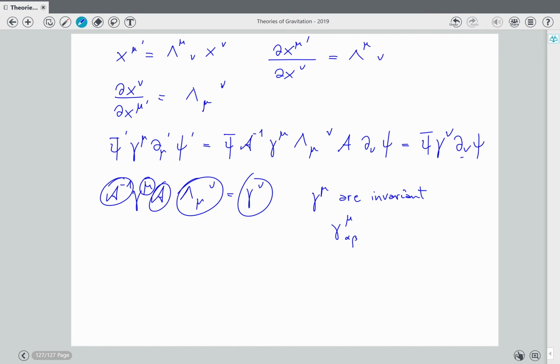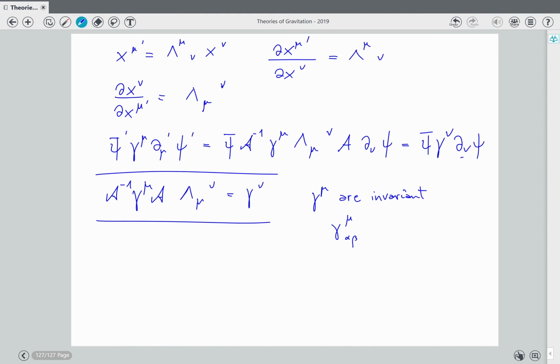That's why they are invariant. This is the meaning of this identity. So we have to find a transformation that leaves the gamma invariant. Given lambda, we have to find A such that this is true. So let's suspend 10 minutes.